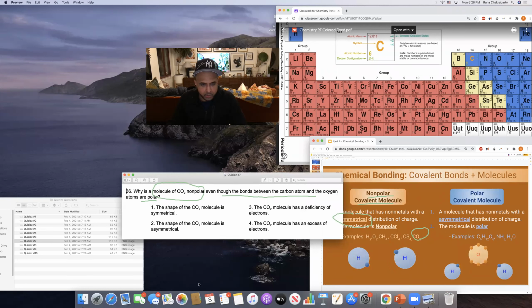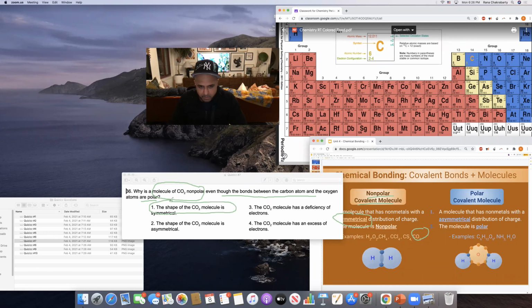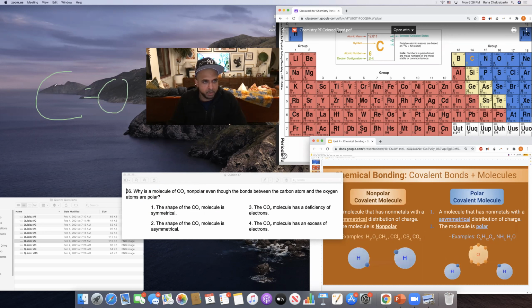So which choice is that? That is choice 1. And the reason why, I think I could draw it here. So the reason why the bond is polar is, oh, sorry, that's CO2. The reason why the bond is polar is because it bonds between two elements, and that's a polar bond, because C and O are not the same.